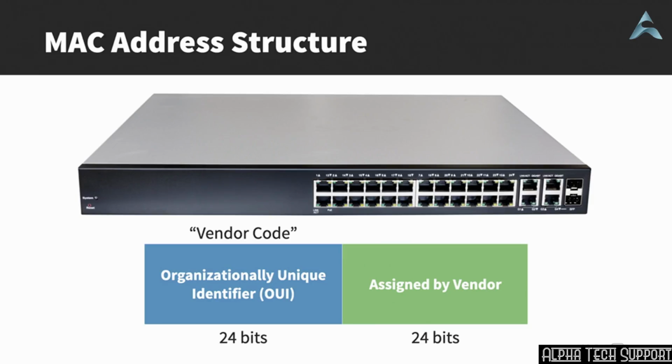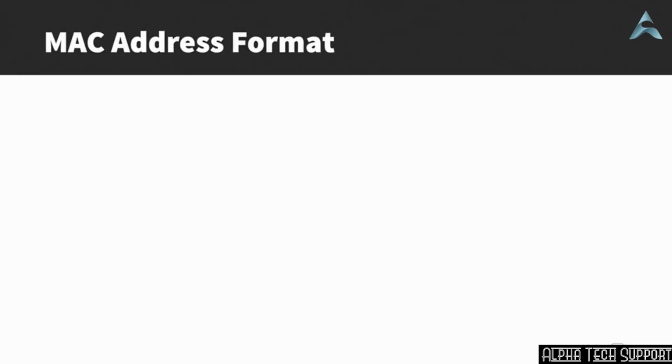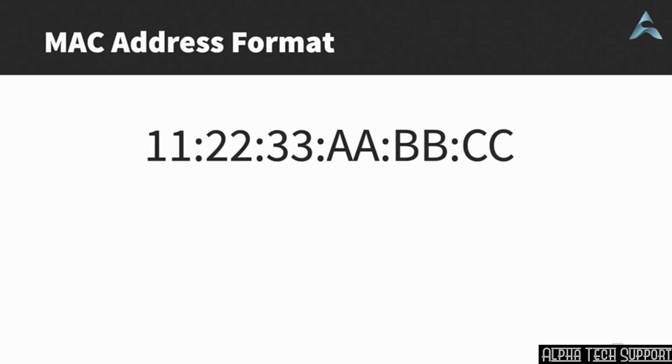When you see a MAC address written, you might see it in a couple of different formats. You might see it with a colon delimiter, where we have a couple of hexadecimal digits and a colon, and a couple of hexadecimal digits and a colon, for a grand total of 12 hexadecimal digits. Remember that a hexadecimal digit can be represented with 4 bits, meaning that if I have 12 hexadecimal digits, 4 bits each, that gives me the 48 bits that we have in a MAC address.